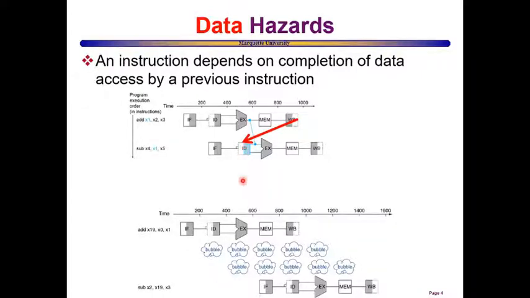The easiest and most naive way to address that issue is to simply not fetch right away and push into the pipeline the second instruction as shown over here, but delay its fetching and pushing into the pipeline with enough clock cycles to give enough time to the first instruction to write its correct value into the destination register.